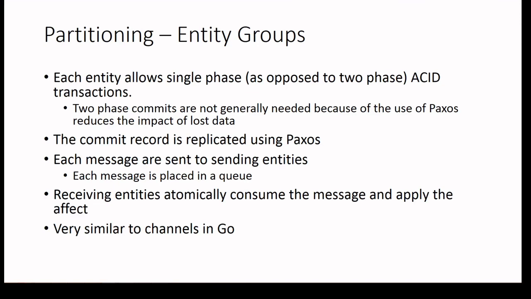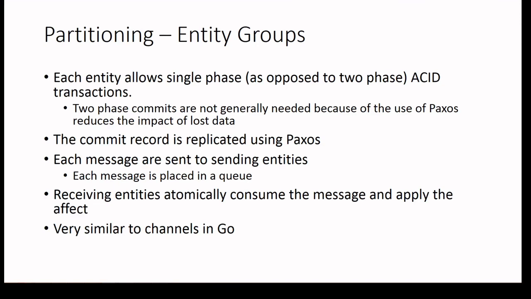But there's more to entity groups than just how they communicate inside themselves. There's also how an entity group communicates with another entity group. That's done via these things called sending entities and receiving entities. These sending entities and receiving entities can be thought of as ports or services on a regular computer.